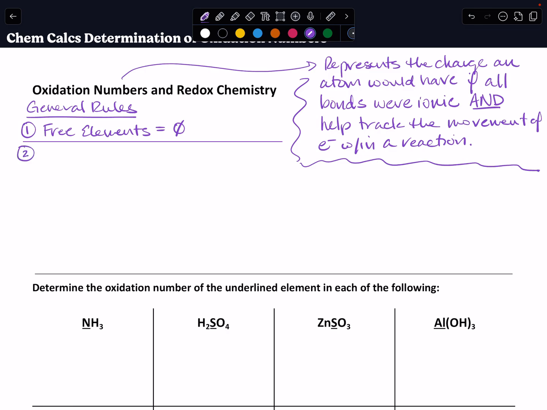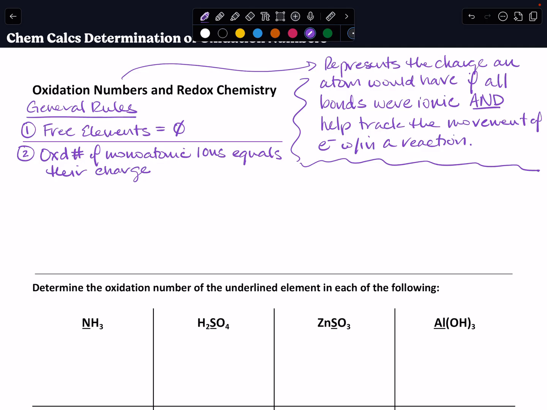All right, second, if you have a monoatomic ion, so let's say you have Na plus or you have Fe plus 2, the oxidation number of those monoatomic ions equals their charge.